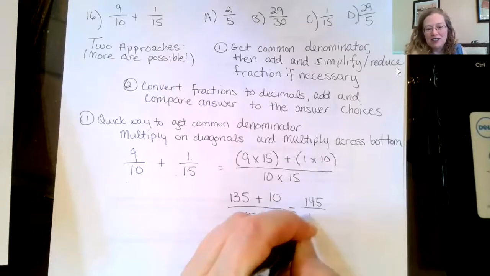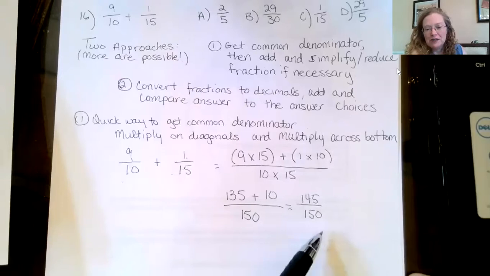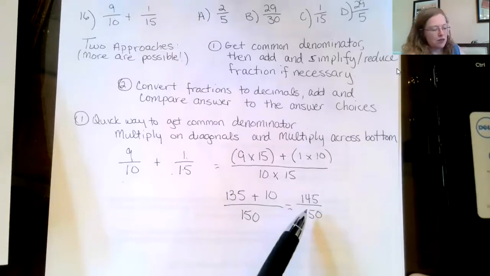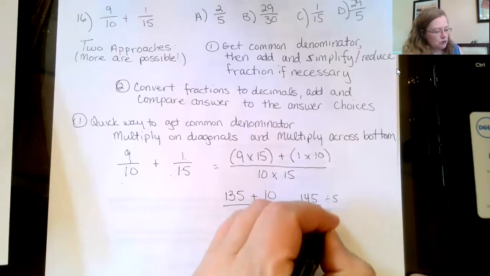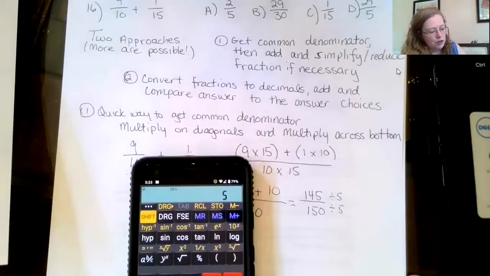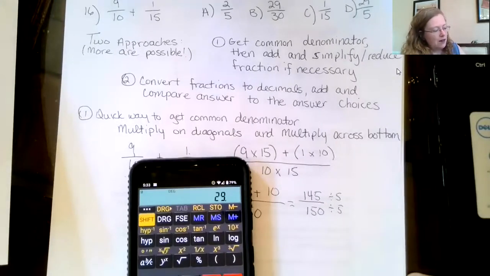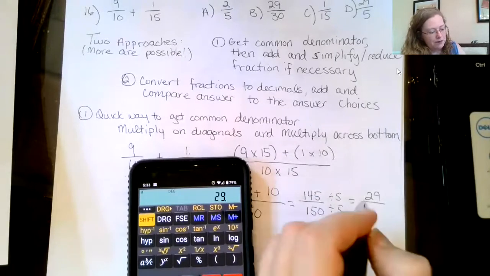I can tell just looking at this that it can be simplified, but how much I can simplify it, I'm not sure. One ends with 5 and one ends with 0, so I'll just try dividing both by 5 and see where that gets me. 145 divided by 5 is equal to 29, and 150 divided by 5 is going to be 30.